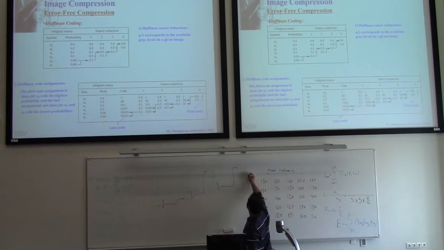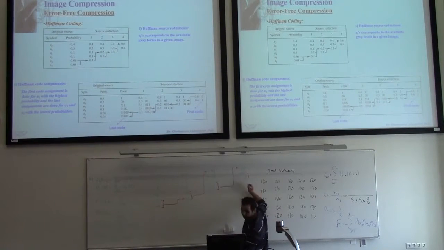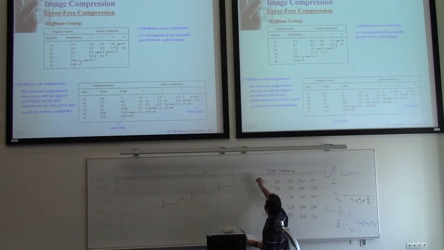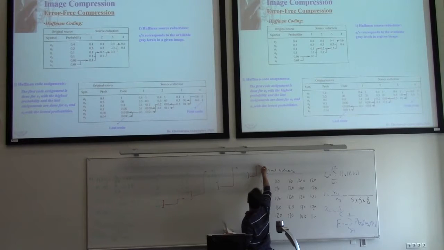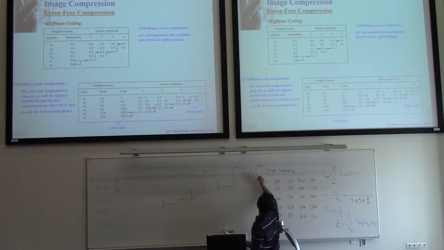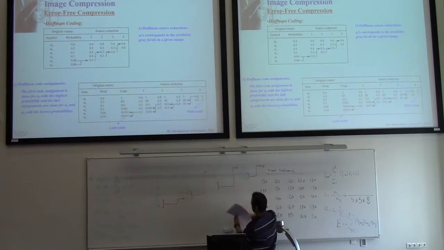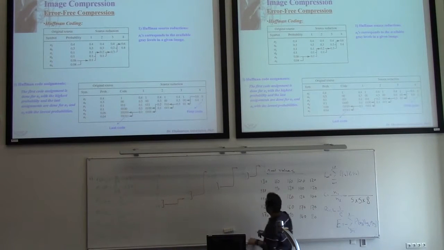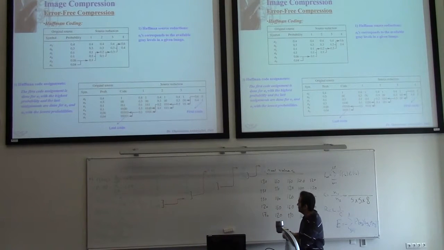And again, we add, if you add these probabilities together, we can find the value of 0.6. Yeah, 0.6 and 0.4. Okay?